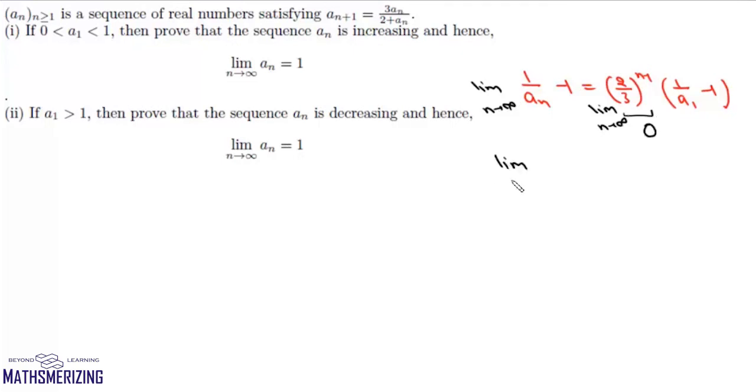So we can write the limit as n tends to infinity of 1 upon a_n is equal to 1. So from here we can say this limit as n tends to infinity of a_n will be simply 1.